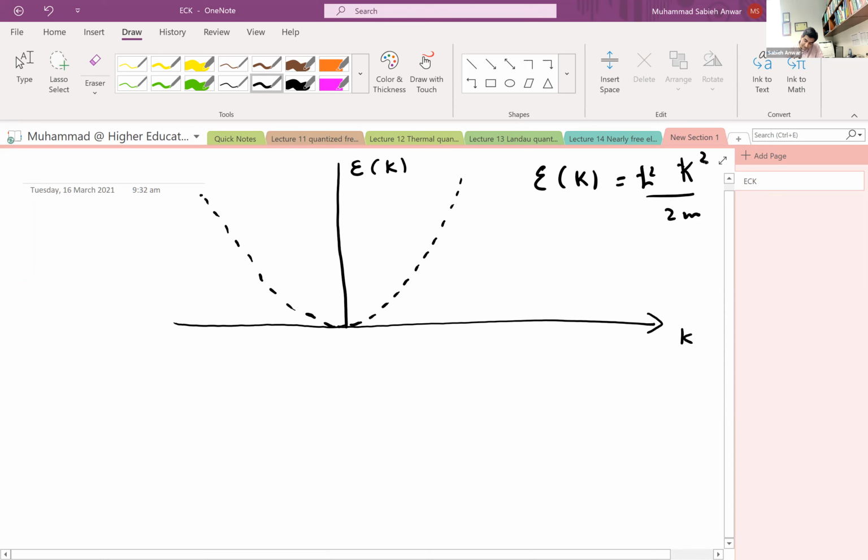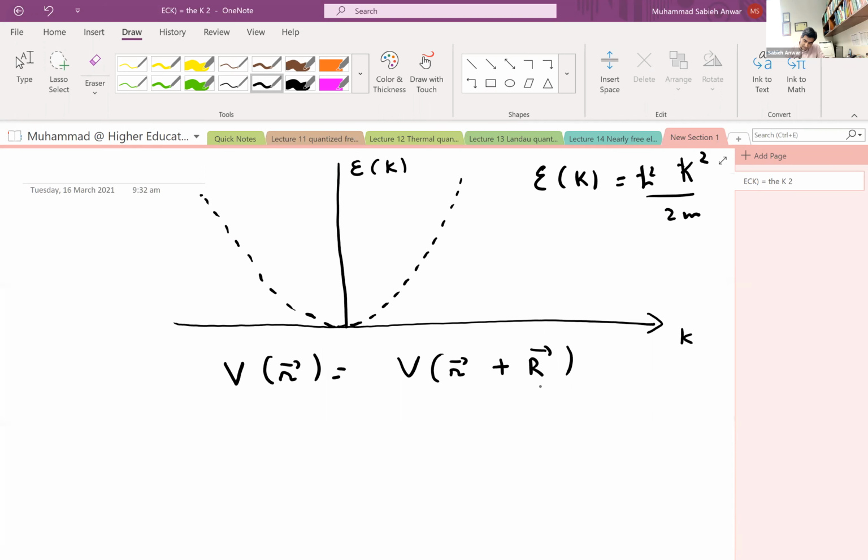Now, if we superimpose a periodic potential, which goes as V(R) equals V(R plus capital R), where R is the lattice constant, then in the presence of this periodic potential, this nice, pristine parabolic dispersion relationship is going to be punctuated.